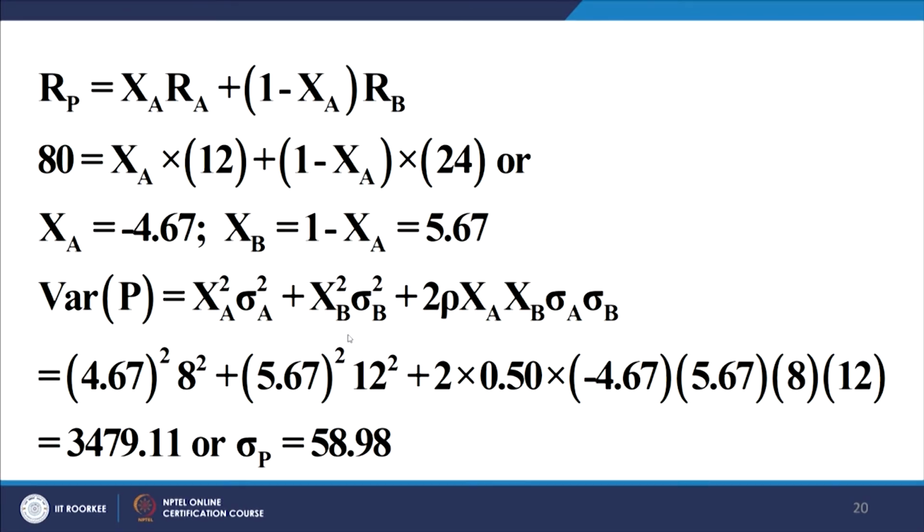So, using the first equation that we have on the slide, R P, the expected return on the portfolio, is the weighted average of the expected return of its constituents. I can work out the composition of the target portfolio, which requires the expected return of 80, and we find that X A is equal to minus 4.67 and X B is equal to 5.67.